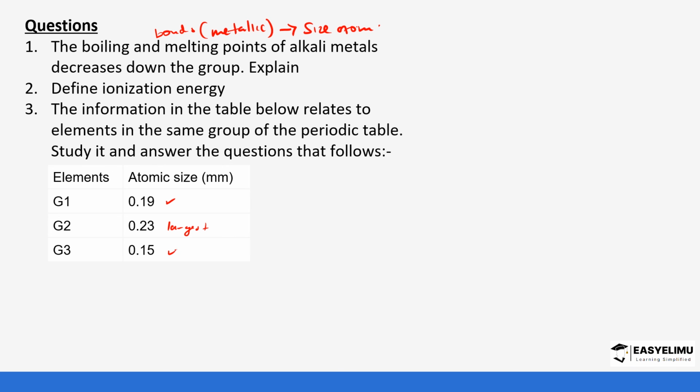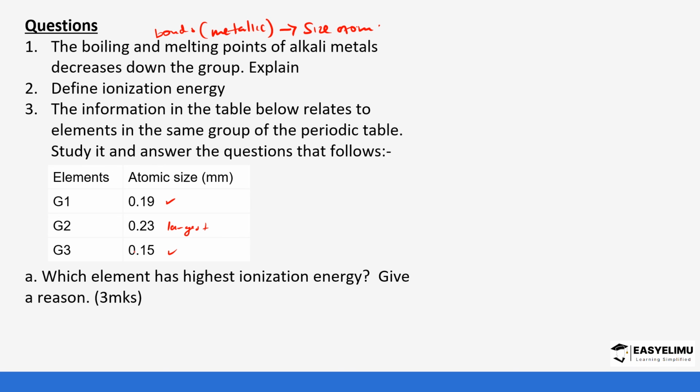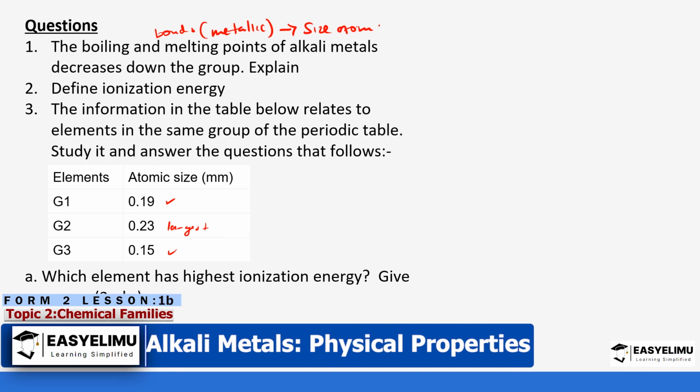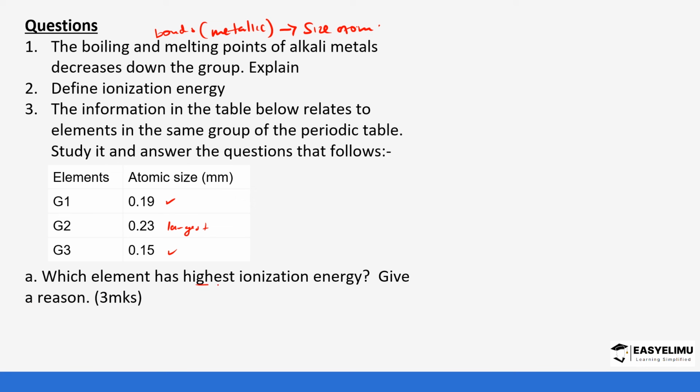The question is which element has the highest ionization energy, and give a reason. We said ionization energy is directly related to the size of the atom. The smaller the atom, the stronger the nuclear attraction to the outermost electron. The bigger the atom, the weaker the nuclear attraction to the outermost electron.